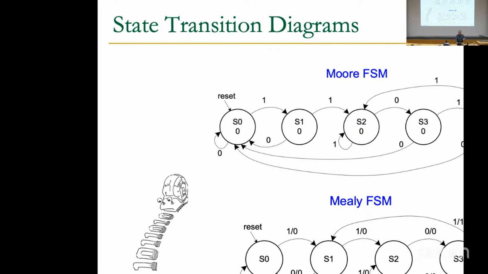You don't need to go to another state to say that you have already seen the pattern. You are in S3, meaning that you already saw 1, 1, 0. If I see another 1, the output should be 1. So I encode that output in the transition. That's exactly the sign of a Mealy machine: outputs are specified on transitions, not only the state, because they depend on the state and also the inputs.